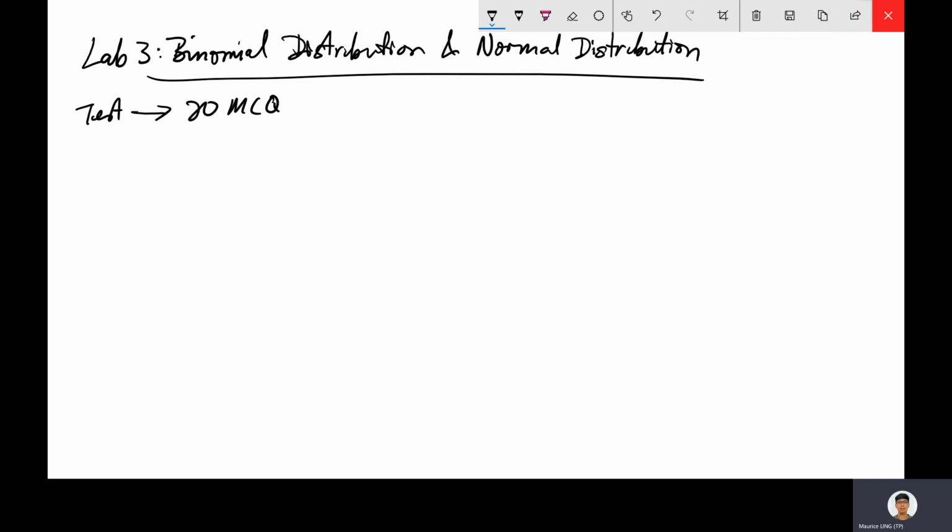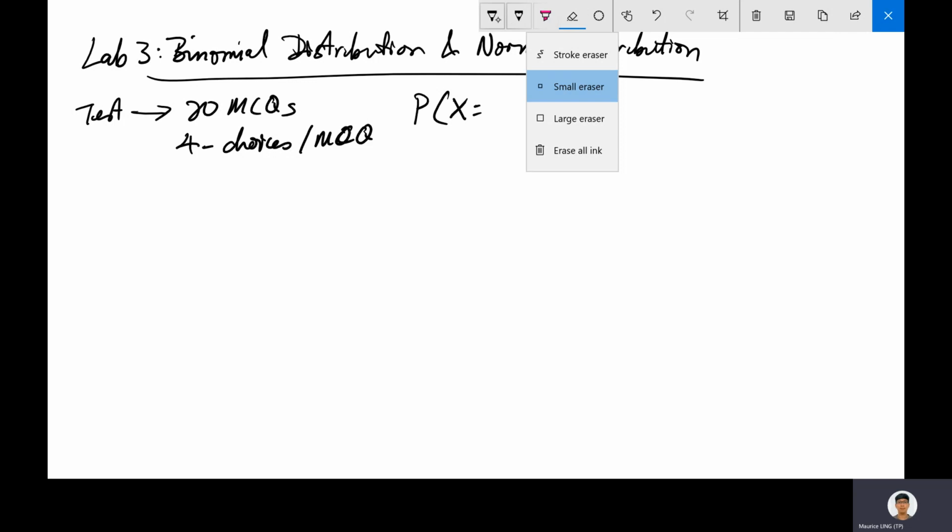Assuming that you have 4 choices per MCQ, and you do not know what the paper is talking about, you never study, what is the probability of getting 15 marks? Or what's the probability of getting 12 marks? That you can use your binomial distribution to help you.